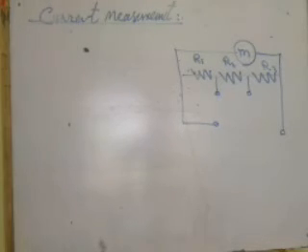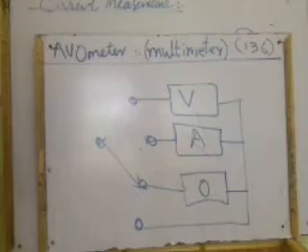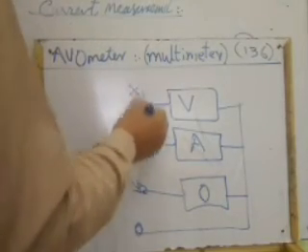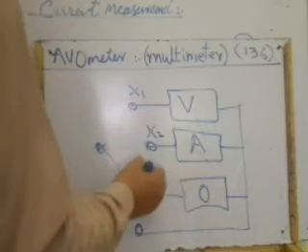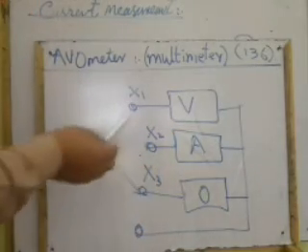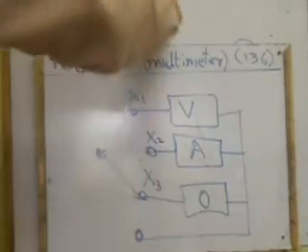In the previous diagram, let me show you. This is, for example, X1, X2 and X3. So this is X1, X2, X3. X2 is connected to the ammeter, so that's why we will explain it here.